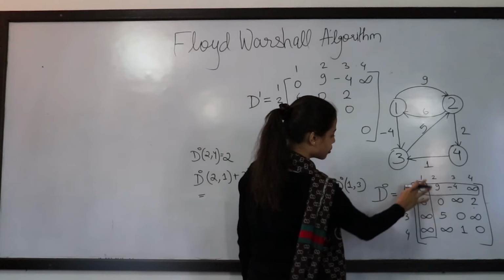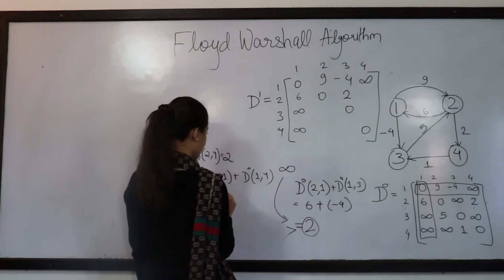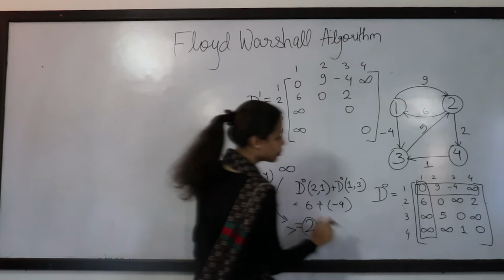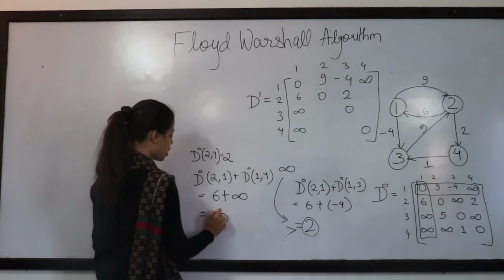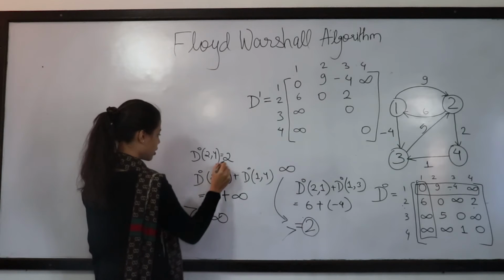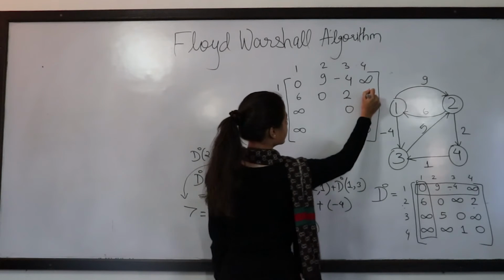From 2 to 1, the distance is 6, and from 1 to 4, the distance is infinity, so this becomes infinity, which is greater than 2. So we do not update the value and keep it as it is, which is 2.